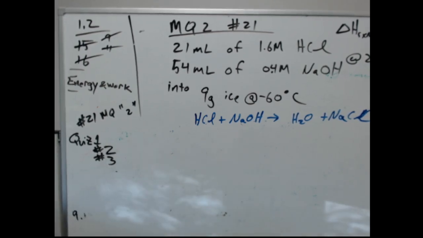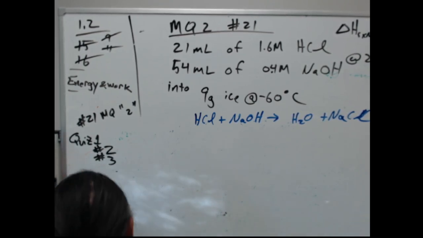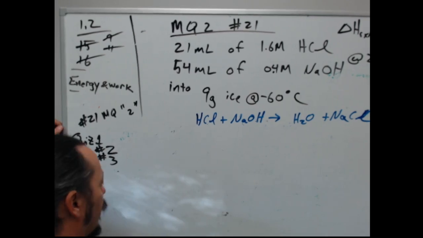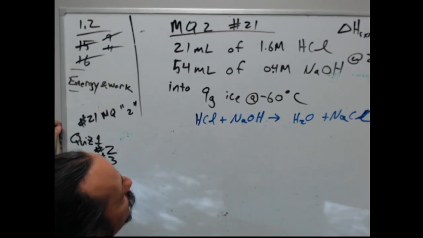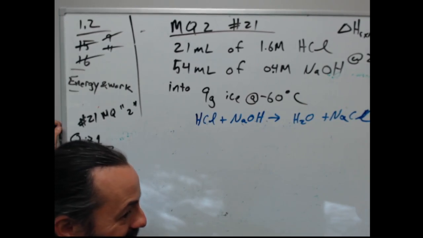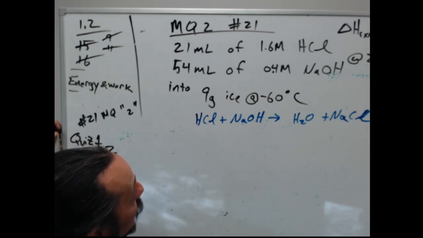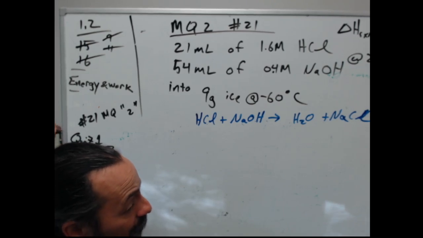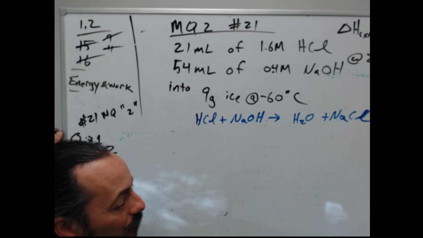Okay, so 21 milliliters is 21 grams, 54 milliliters is 54 grams. You need to use the molar conversions you have, and you know that molarity is moles over liters.